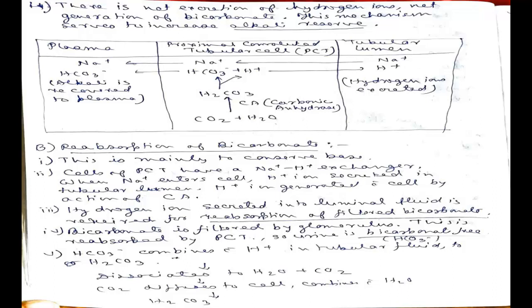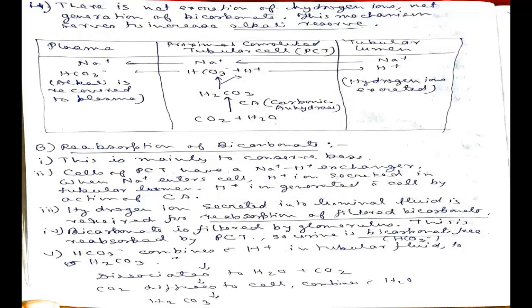Now, this hydrogen ion secreted into the luminal fluid is required for reabsorption of filtered bicarbonate. Bicarbonate is filtered by the glomerulus, and this is reabsorbed by the proximal convoluted tubule. That's why usually we do not get bicarbonate in urine.